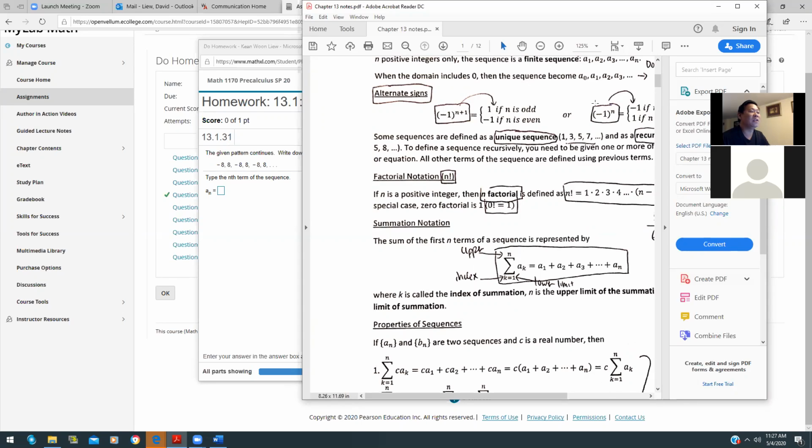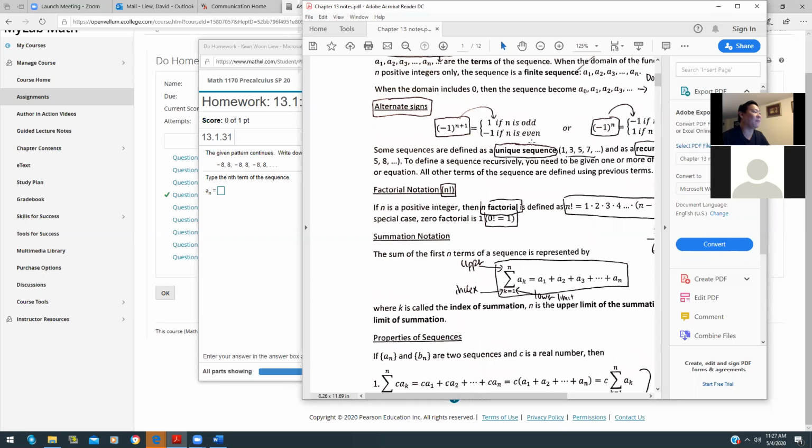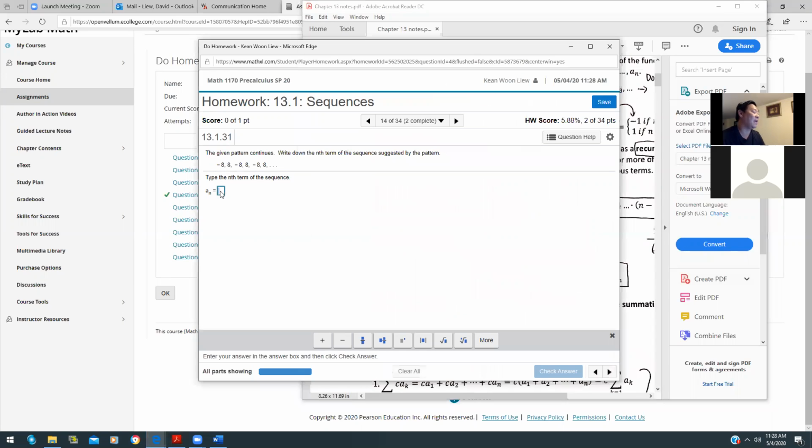So which one should we use if you have alternating sign from negative to positive, then negative to positive? Is it the first one or the second one? Second one. So you need to type -1 to the power of n here, to tell us they are alternating.